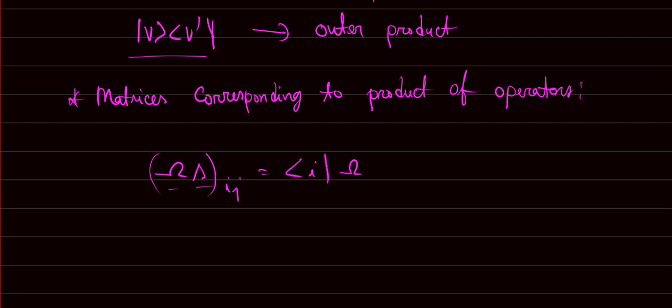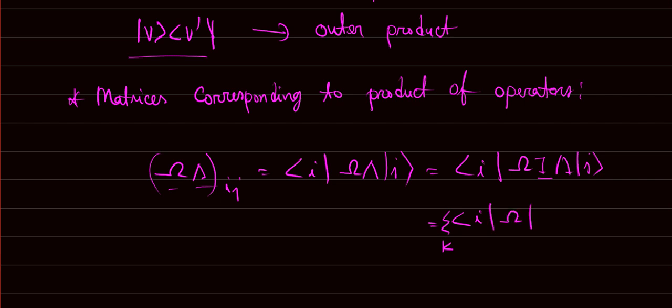By notation we know the matrix elements are like this, and if we write it like this, the identity operator does not change anything, so we can write it. From the completeness theorem, we can definitely write this.